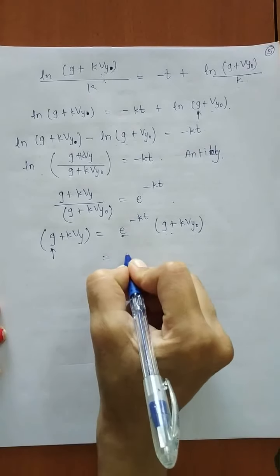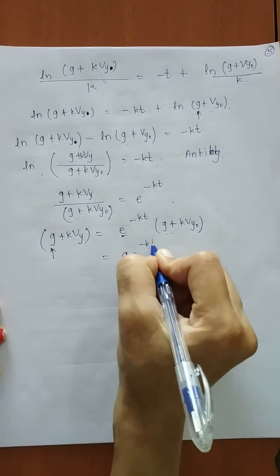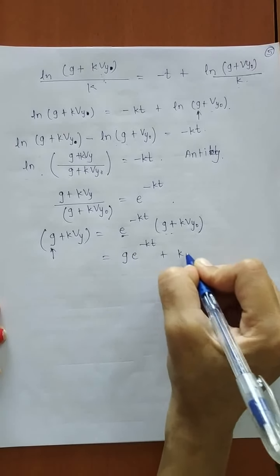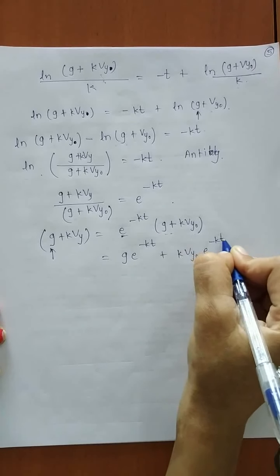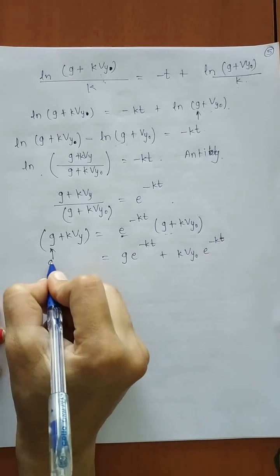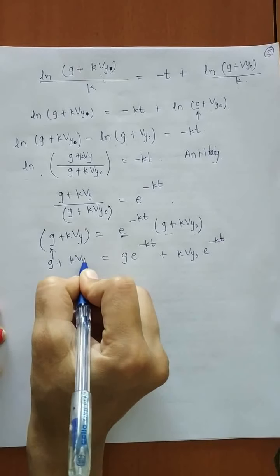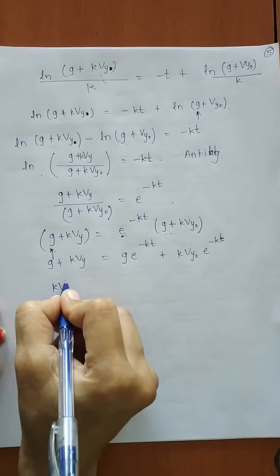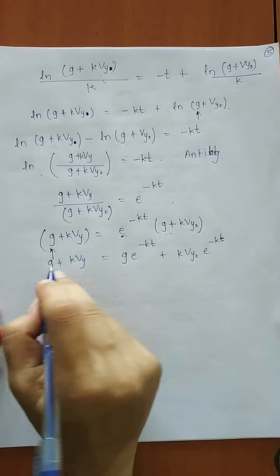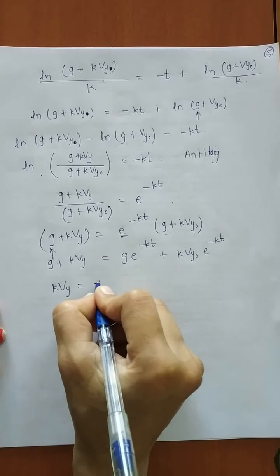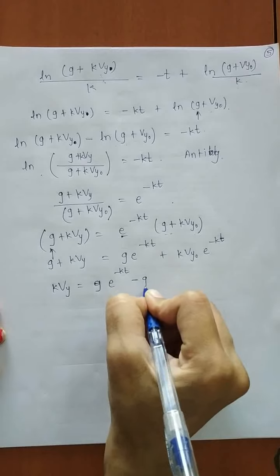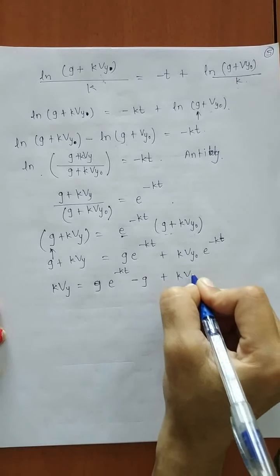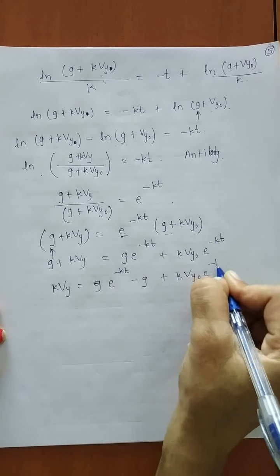You will get g e raised to minus kt plus k vy naught e raised to minus kt. Now take this g on RHS. You will get k vy equals to, here it is plus, so when it goes on RHS it will become minus. So this is our next step.